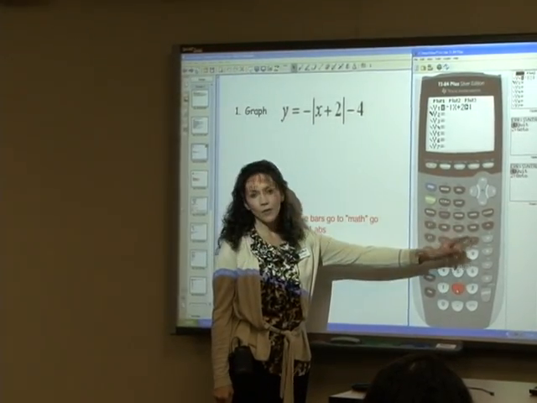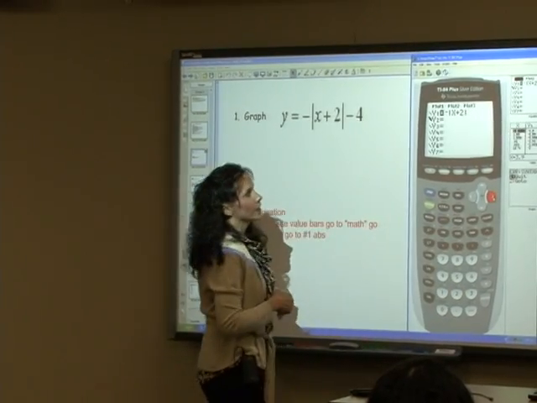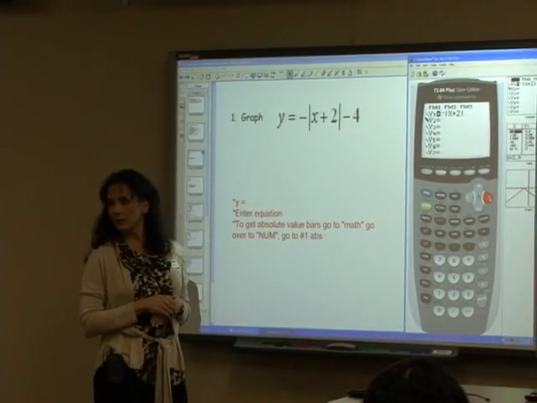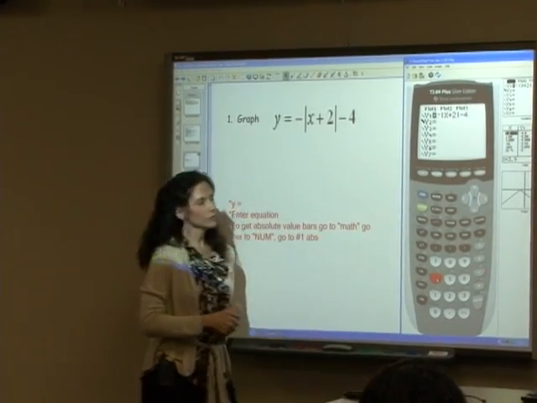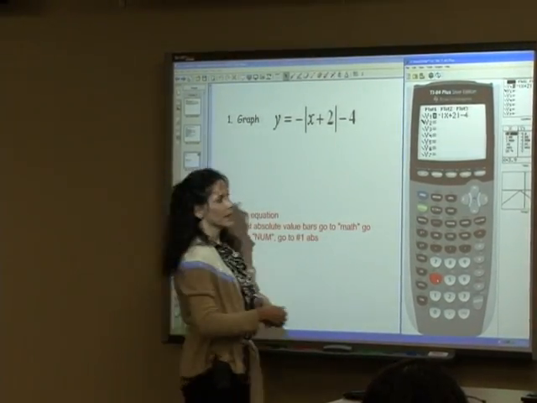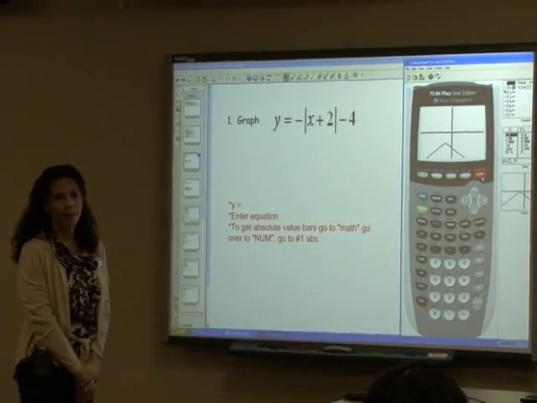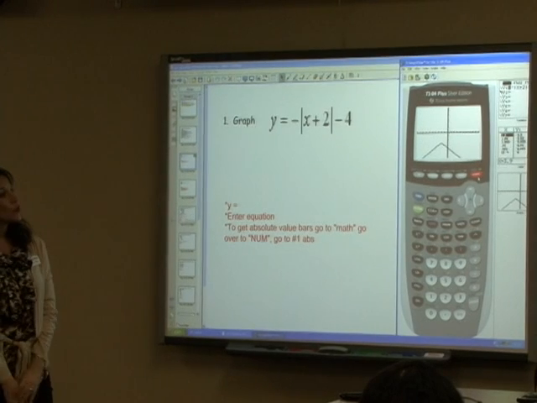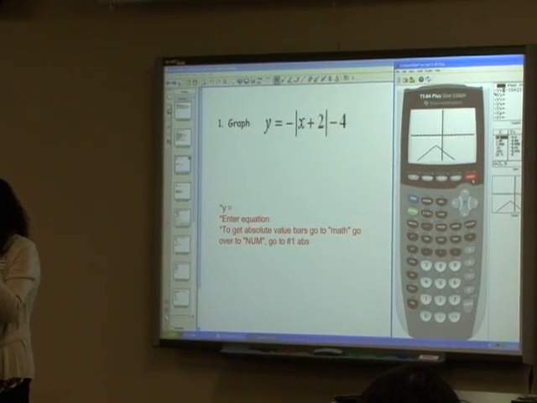Mine is a little bit different. I'm going to hit my right arrow key to get my other bar. Minus 4. Okay, then I'm going to hit graph, upper right-hand corner. Okay, so you would take that and match it up to whatever graph they had.